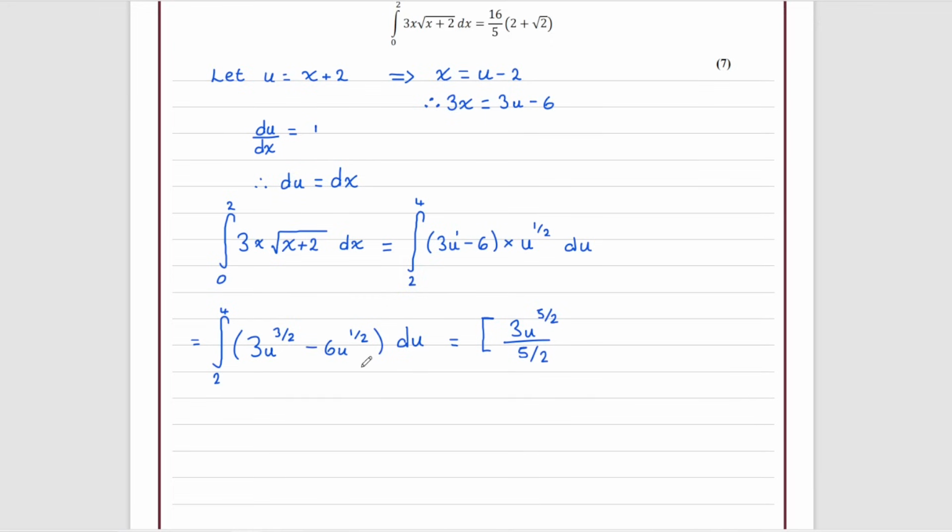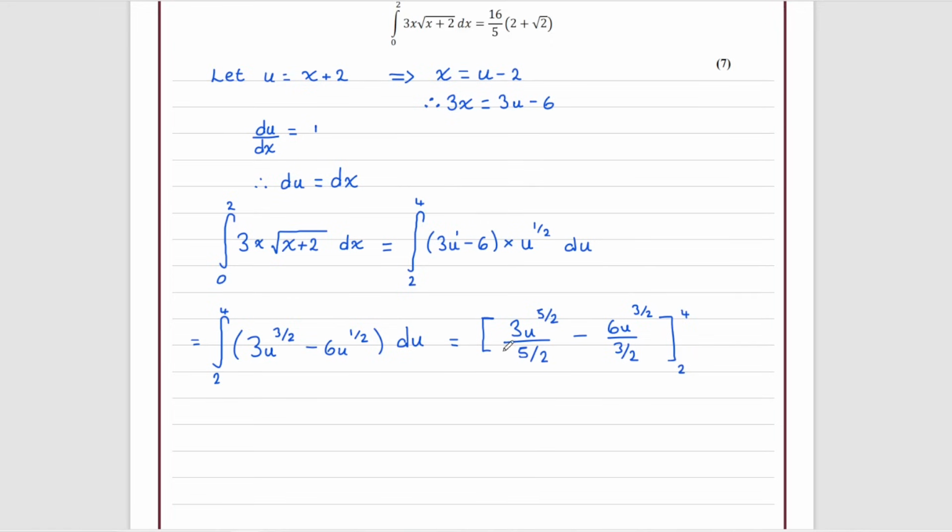Doing the same now with this term, so minus 6u to the power of a half, adding 1, again it's the same as 2 over 2, we get minus 6u to the power of 3 over 2, and again we divide by this new power. So we divide by 3 over 2, like so, and our limits are from 2 to 4.